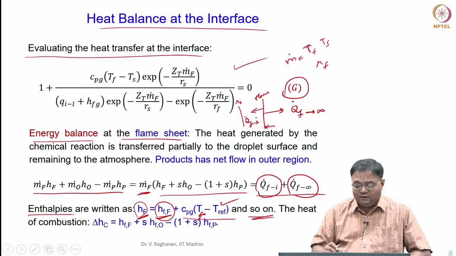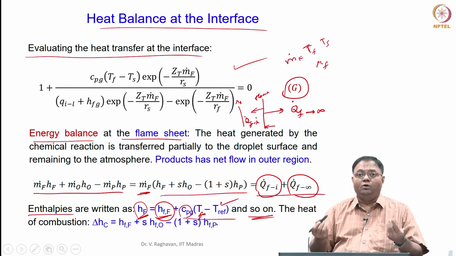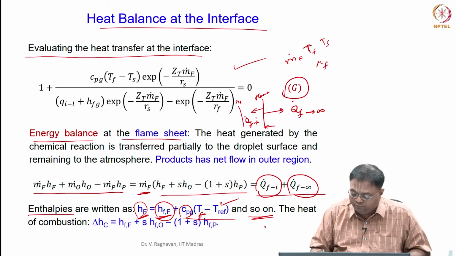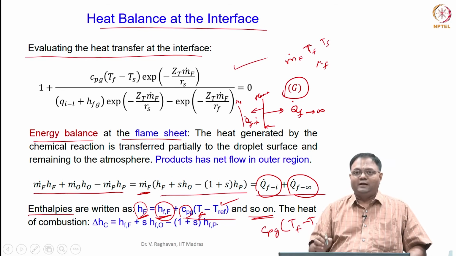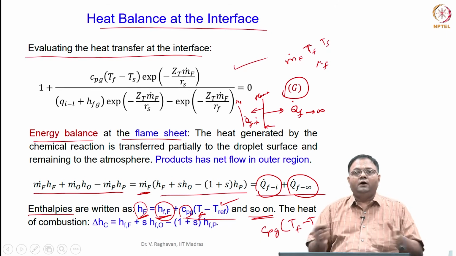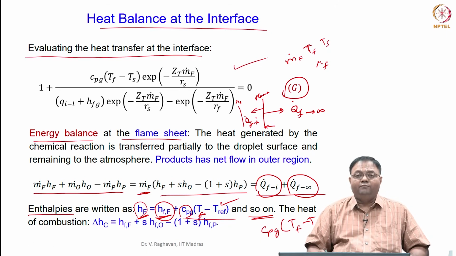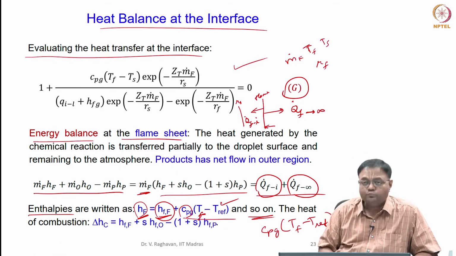But please understand that Cpg is constant for all. So for all these terms, sensible enthalpy can be written as Tf minus T reference into Cpg. So that is what we will have for all the species as a sensible enthalpy. Formation enthalpy, based upon whether it is fuel or oxidizer, we will have some values.